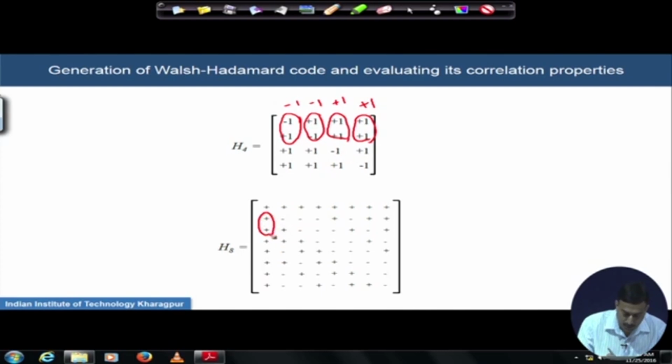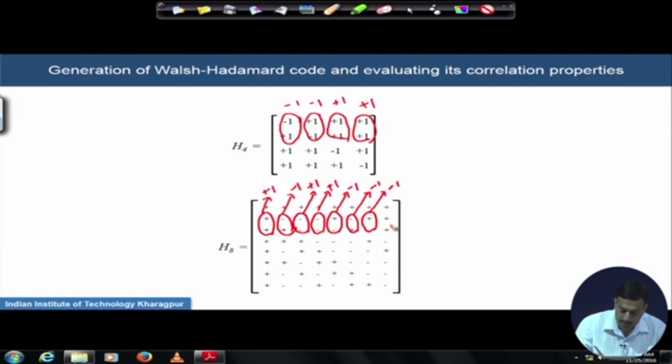For example, we take these two rows, so we see that this is +1, this gives us -1, this again gives us +1, this gives us +1, this will be -1, this will be -1, this is again -1, and finally this will give me +1. Of course, I am assuming that plus and minus here stand for +1 and -1 respectively.